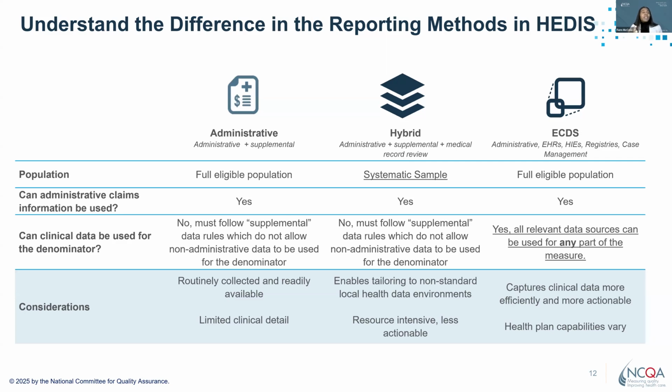The hybrid method does enable tailoring to non-standard local health environments, but we know it could be resource intensive. The medical record review process could be resource intensive, as well as that information is very retrospective and could be less actionable in real time.